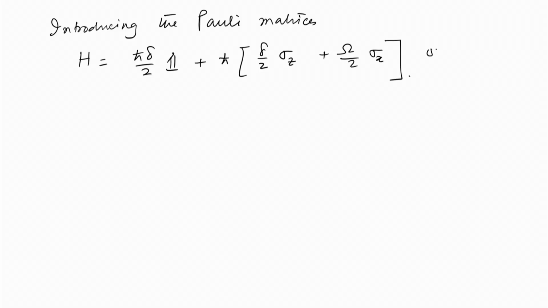Here sigma z, which you are of course aware of, is equal to [1 0; 0 -1] and sigma x is equal to [0 1; 1 0]. They are traceless and they all have eigenvalues equal to plus 1 or minus 1, and one can work out the eigenvectors as well. So, the dynamics is governed by the time dependent Schrodinger equation.